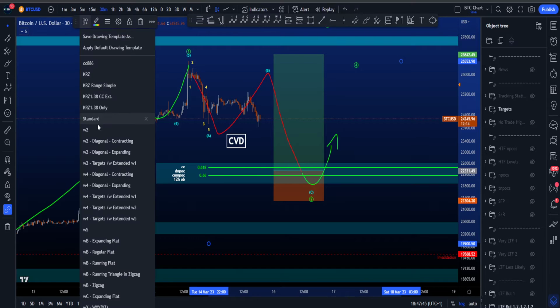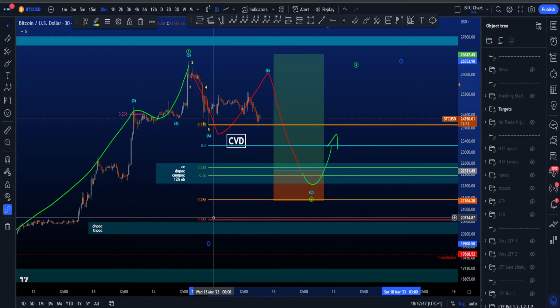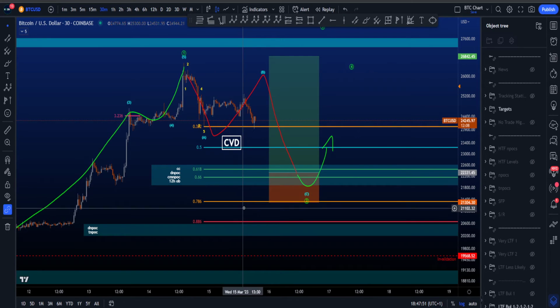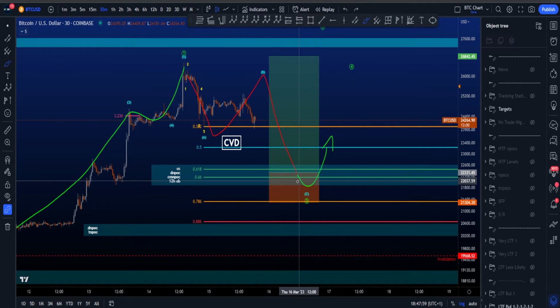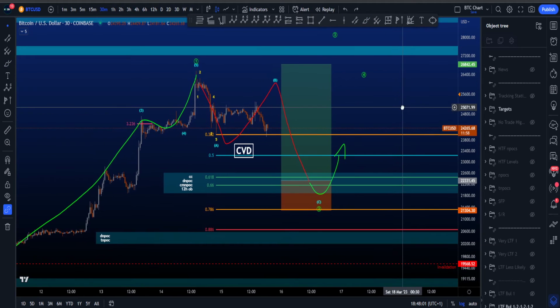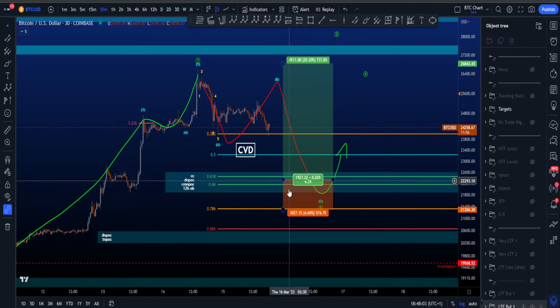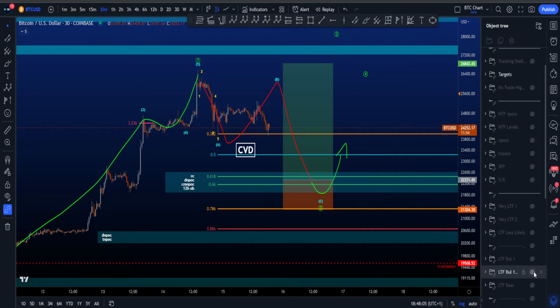However, a wave 2 can go all the way down to, well, the 886 is very rare, but the 786 is still quite common for a wave 2 actually. So we still have to wait on where to put the stop loss, but it is an interesting area for when price is reaching this area. You will be the first to know, to see how we can make use of the scenario that we get at that specific moment in time.